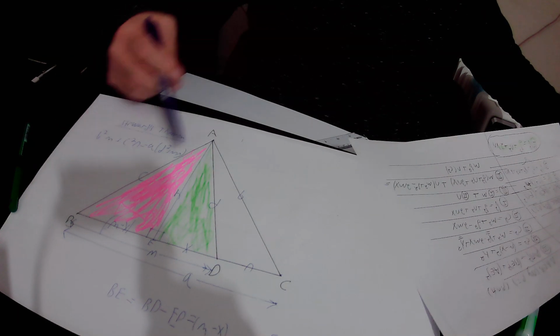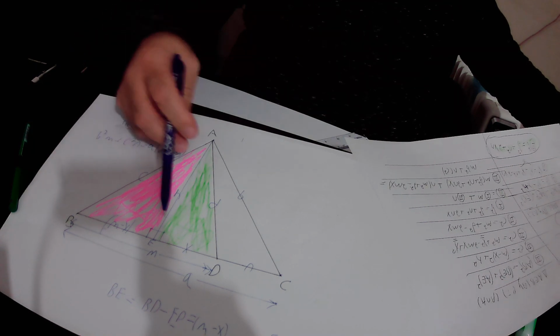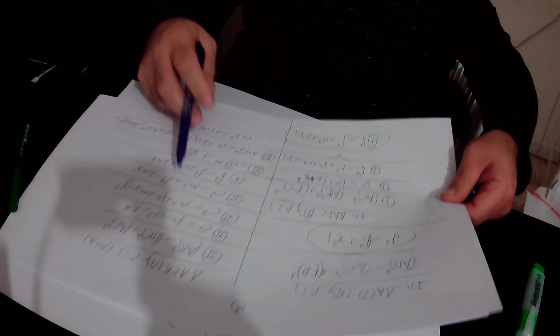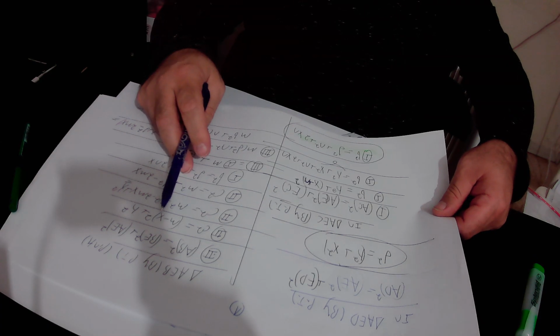Again, AB square equals BE square plus AE square.